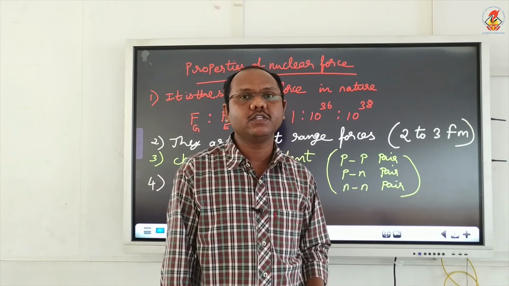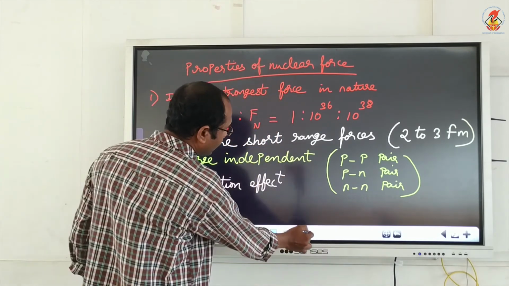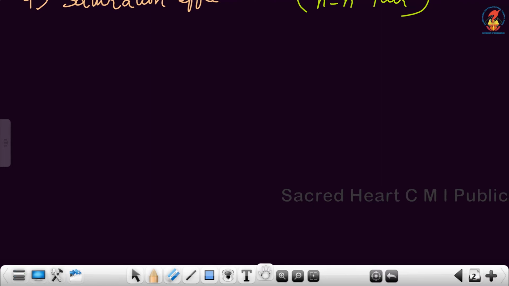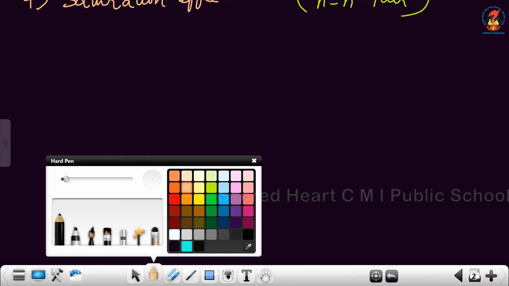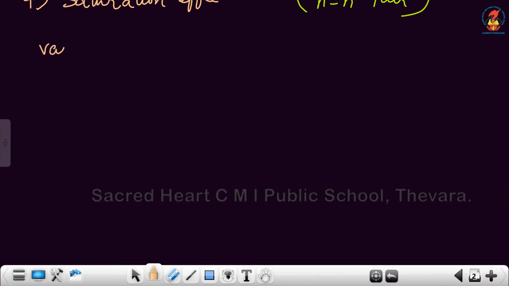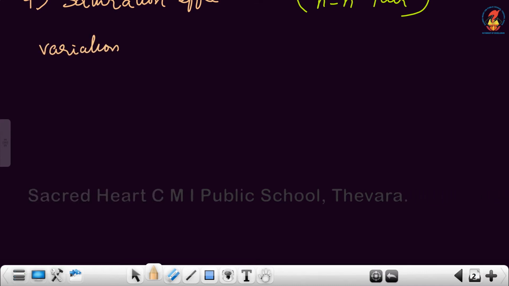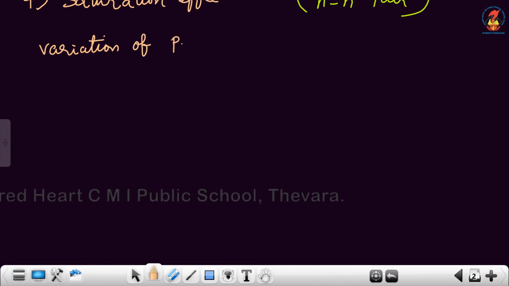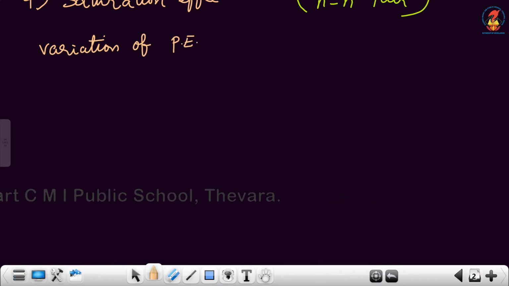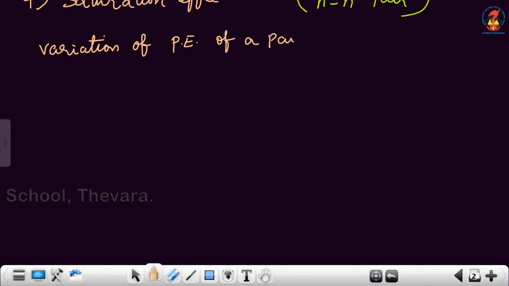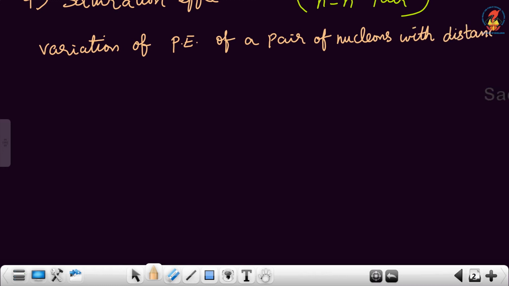Now, we draw a graph connecting the potential energy of a pair of nucleons with the distance, the variation of potential energy of a pair of nucleons with distance.